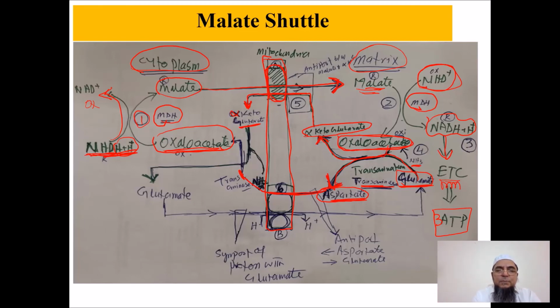Now what will happen? The same mechanism will be repeated again. When this aspartate enters into the cytoplasm, because aspartic acid is an amino acid and alpha ketoglutarate is a keto acid, it will again release its amino group.